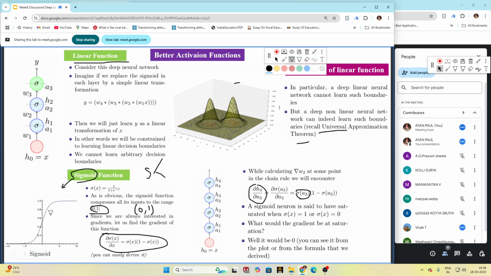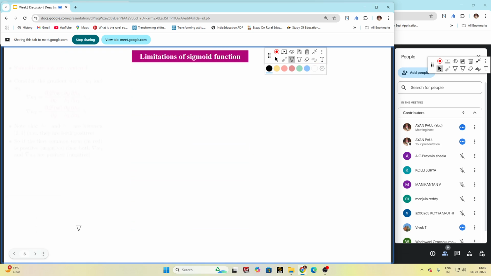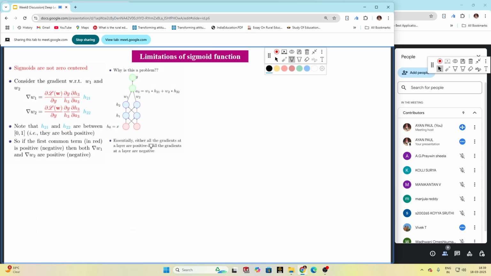By zero centered we mean that when the input is 0, the graph should pass through 0. But here, when our input is 0, our value is something like 0.4 or 0.5. So this is again a problem.